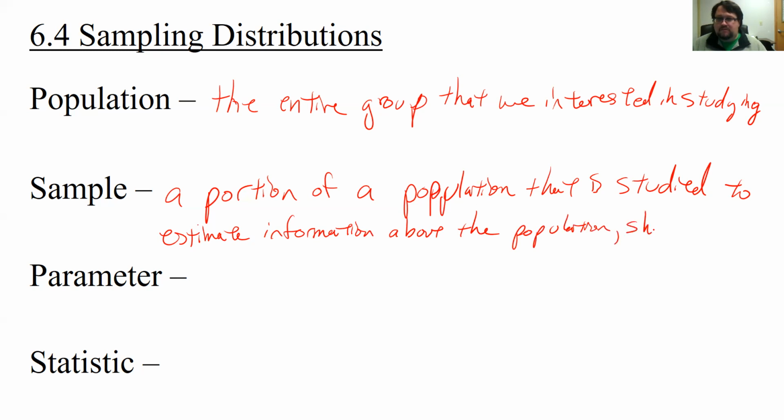And this should be random. And in earlier sections of the book, they talked about some things you can do to try to make a random sample. But the big thing is this is a portion of the whole population.